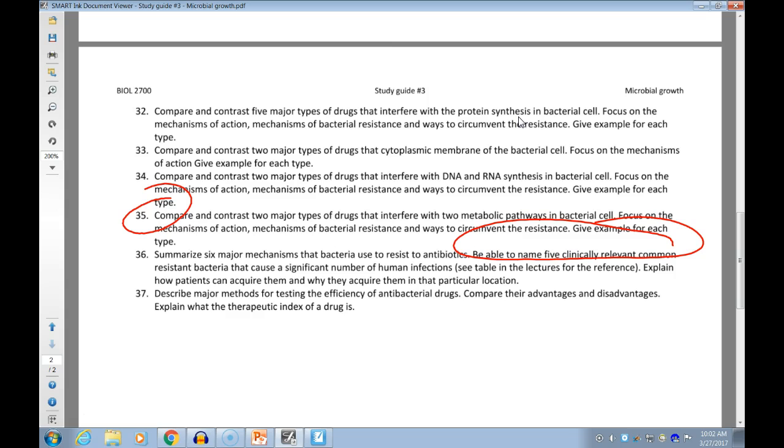Ratio? Toxic dose? Exactly. Excellent. It's a ratio of toxic dose versus effective dose. So which index is better, high or low? Higher. Period. That's it. Is that clear? We good?